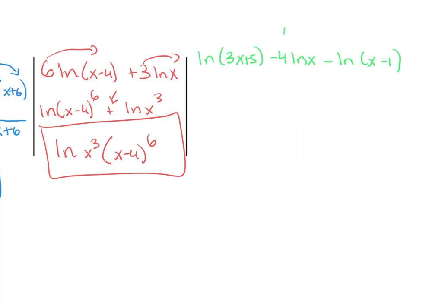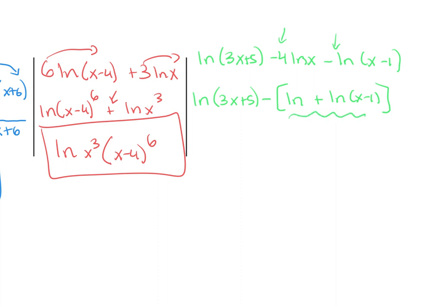What I want you to do is see how these two terms both have a negative, a subtraction. I'm going to actually factor that out, just between those two terms. So ln 3x plus 5, and then I'm going to have minus 4 ln x plus ln x minus 1.